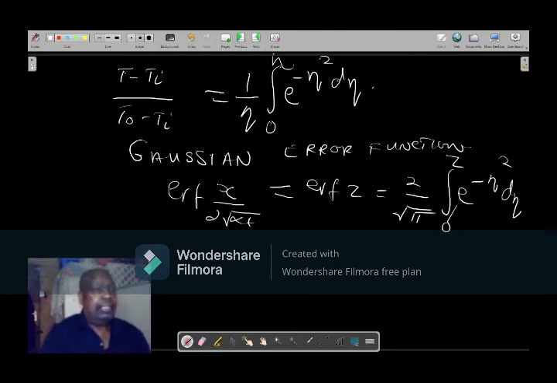And you can see the similarity between the Gaussian error function and our equation up here.